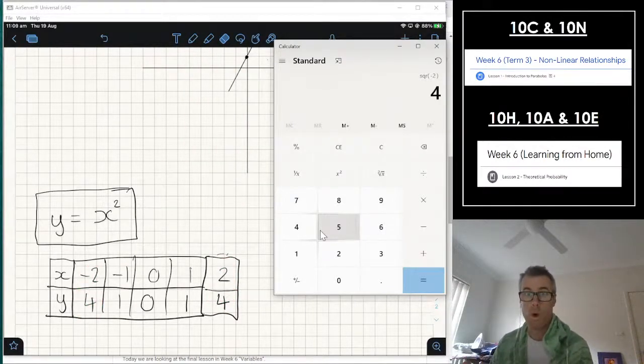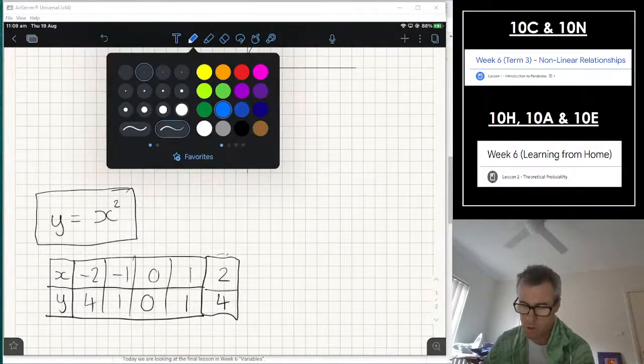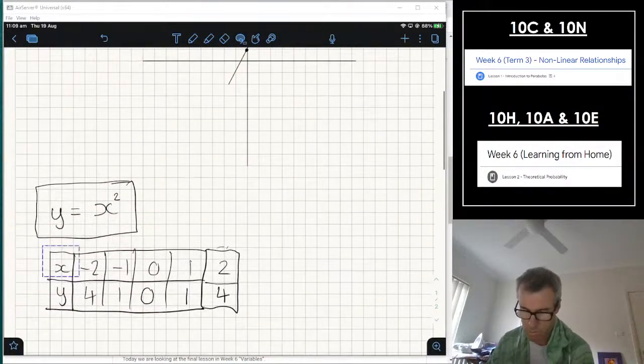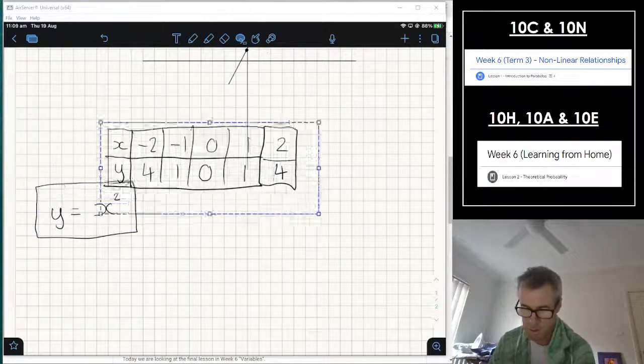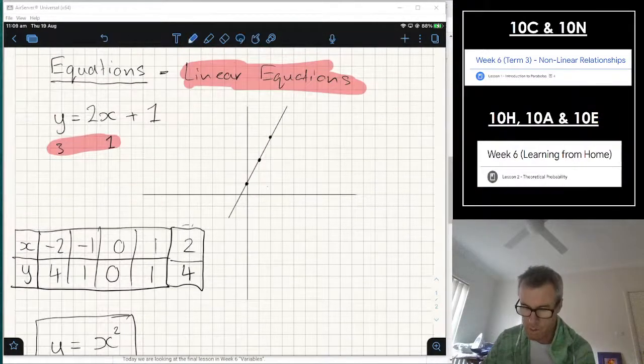So what we actually do now is we go ahead and we pop this guy on a Cartesian plane. I might use this Cartesian plane that's up here. Let me just move this. I'll use this same one just to compare. All right, we'll do this first coordinate, I'll do it in blue. When I've got -2 for x, y is equal to 4.